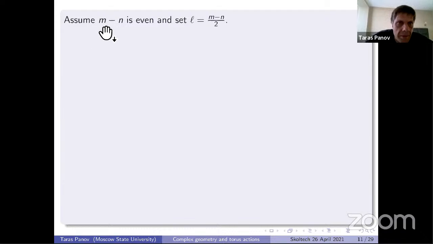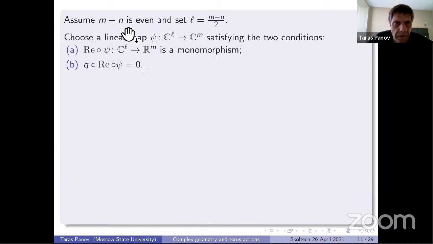So assuming m minus n is even, where m is the number of generators and n is the dimension of your fan, let L be the complex dimension of your holomorphic group.